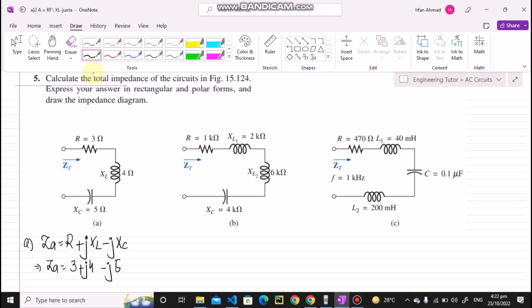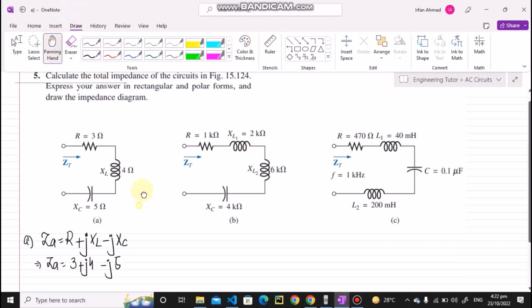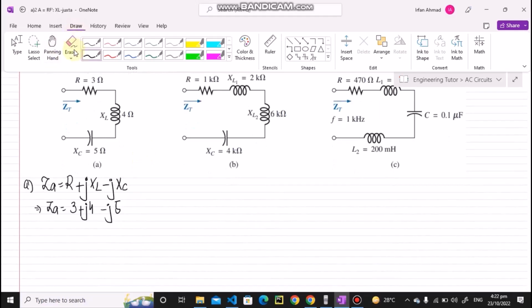Now writing their values, the value of ZA is 3, which will remain the same because no other real term is available here, and subtracting 5 from 4, I will get minus j1. Ultimately I will have ZA equal to 3 minus j. That is the answer in the rectangular coordinate system.